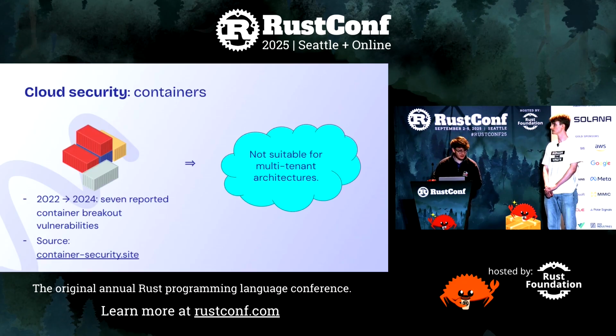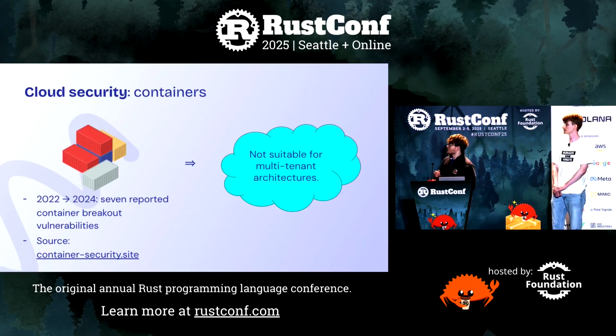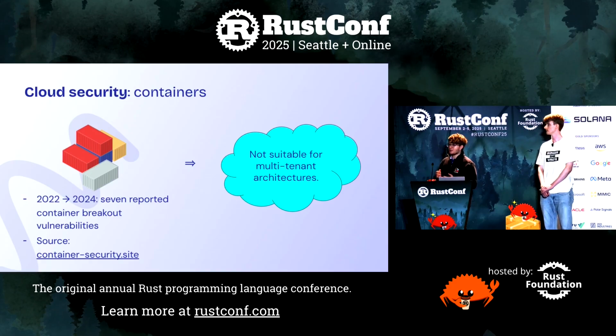A display of this is that just between 2022 and 2024, there were 7 big reported container breakout vulnerabilities. You can read more about them on the container security site. But the main idea here is that, because you can break out of a container very easily, this is not suitable for multi-tenant architectures where we have multiple customers sharing the same infrastructure.